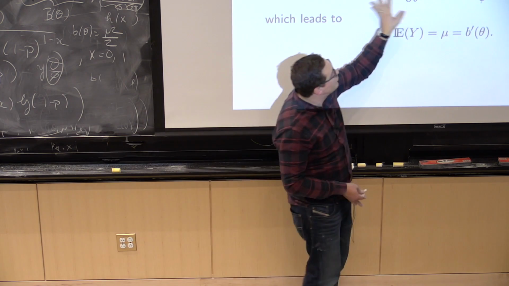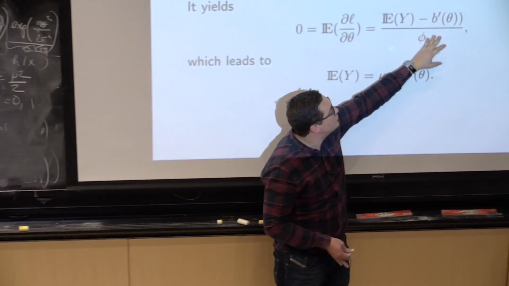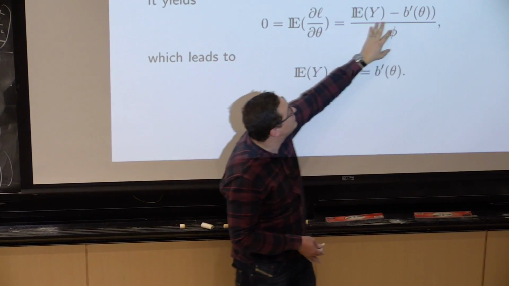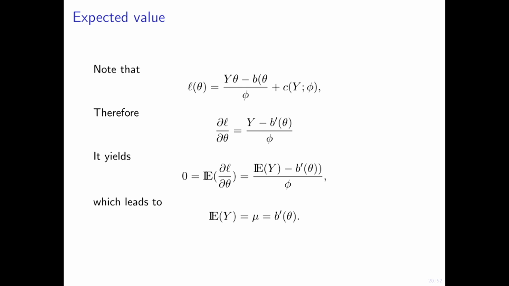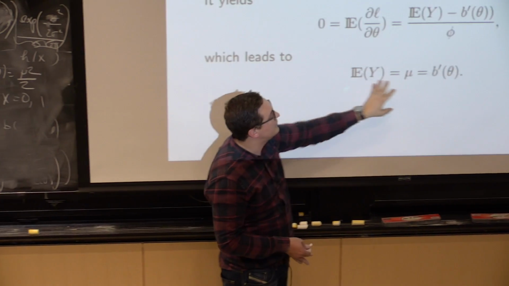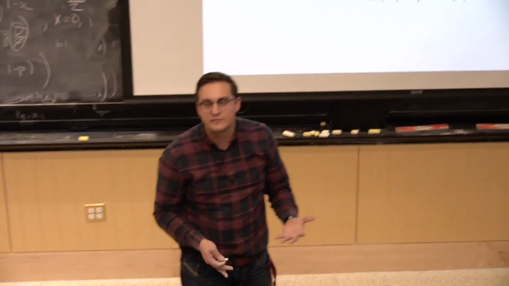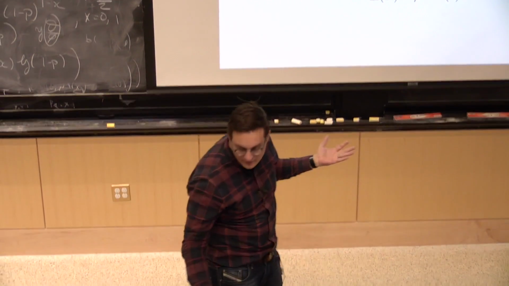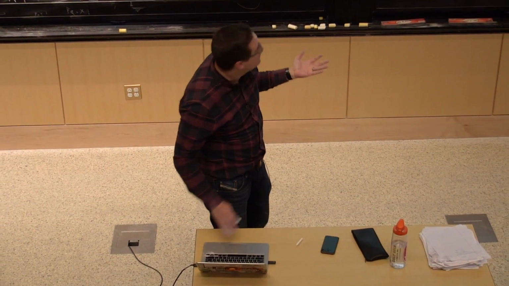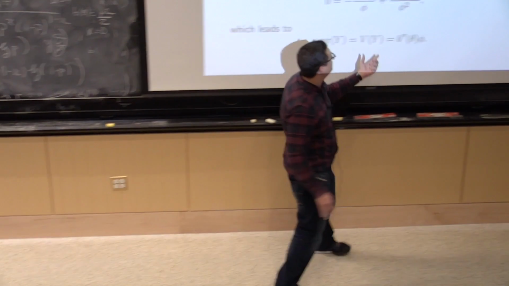And then I'm going to use this formula. But this formula is going to actually give me an equation directly. Oh, that's where it was. So that's the one that's missing up there. And the expectation minus this thing is going to be equal to 0, which tells me that the expectation is just the derivative. Right? So it's still a function of theta, but it's just the derivative of b. And the variance is just going to be the second derivative of b.